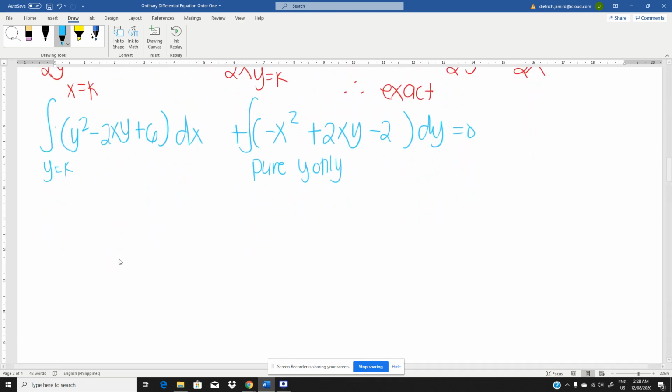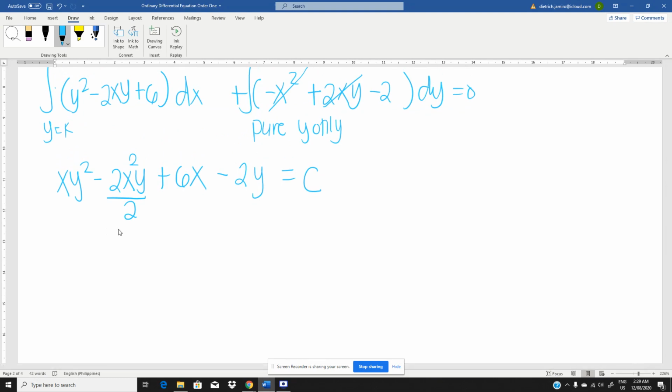Integrating our equation, we will have xy squared minus 2x squared over 2 plus 6x. On the second term, we will consider only pure y, so this will cancel out, this also cancels out, and we will have minus 2y is equal to c.